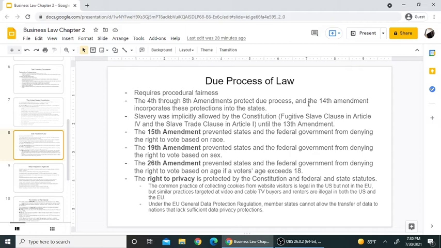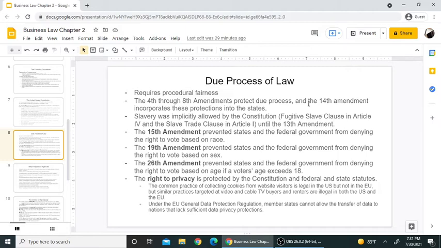So, for example, in the United States, there's a common practice on the internet where websites will often collect cookies, which are basically data about the website visitors. Some websites might sell the data to other providers, or they might buy other data from other providers to get a broader idea of what you want.